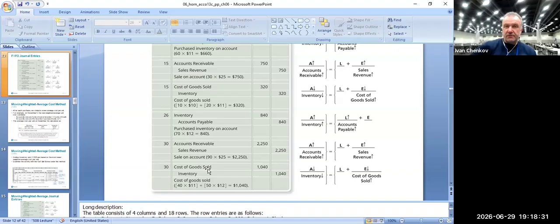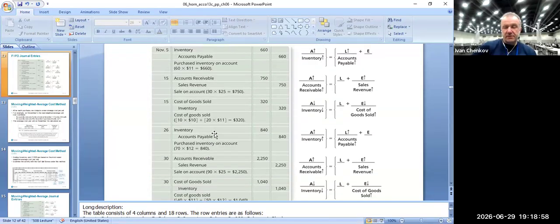And then we have to show the cost of goods sold of those 90 units, of which 40 units come from the purchase from November 5th, and the other 50 come from the purchase of November 26th. And that comes with the cost of $1,040. That's our first in, first out method and journal entry, which comes with all the events related to the first in, first out.